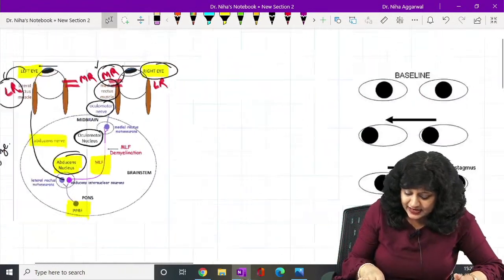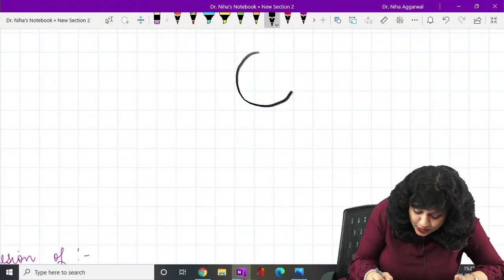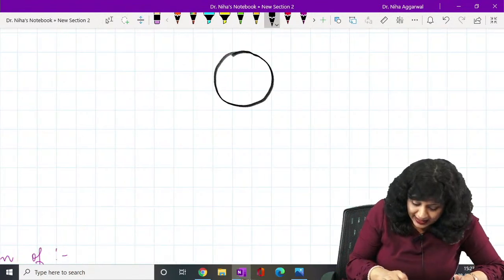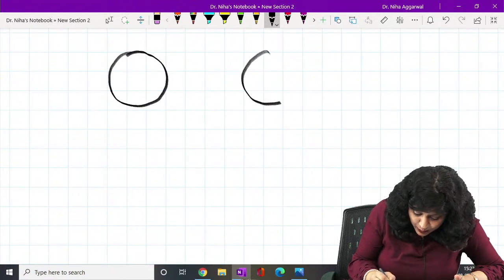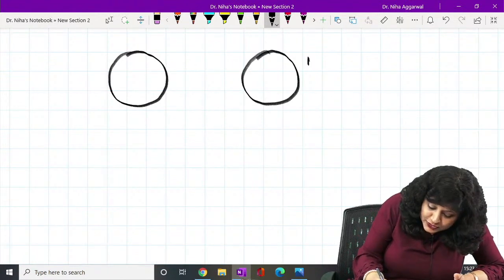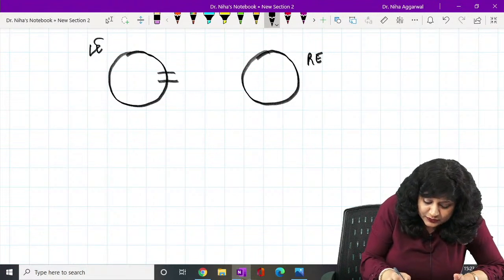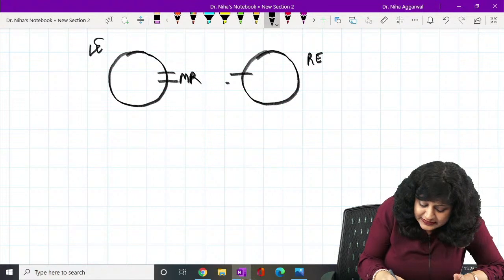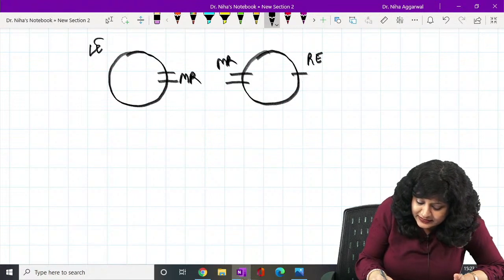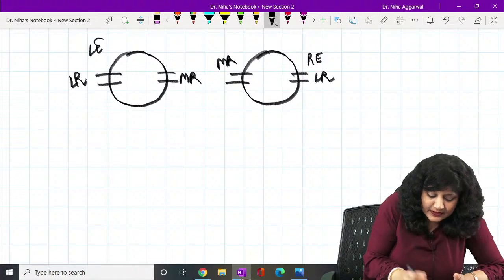If I draw it in a simpler form, suppose this is your eyeball here and this is your eyeball here. This was your right eye and this was your left eye. These were the medial rectus muscles and these were the lateral rectus muscles.